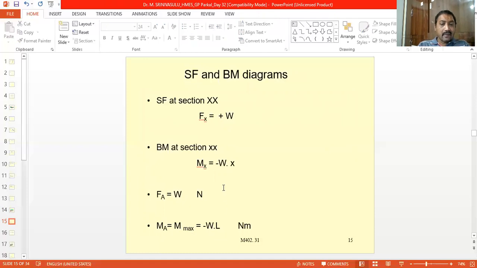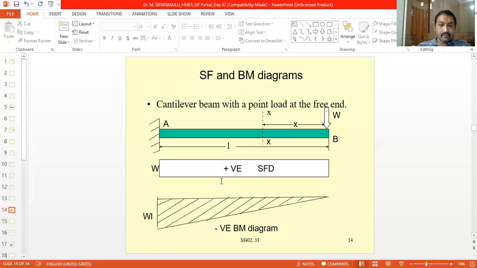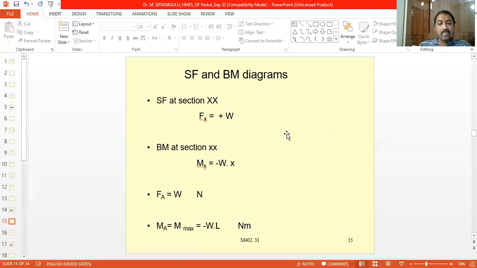Generally, the general equation is minus W into X. Here, up to here it is X, and at point A the X becomes L, because X is counted from point B. So therefore the bending moment becomes minus W into L, because the general equation is minus W into X, where X is equal to L. Therefore the bending moment at point A is equal to minus W into L. Now coming to point B.